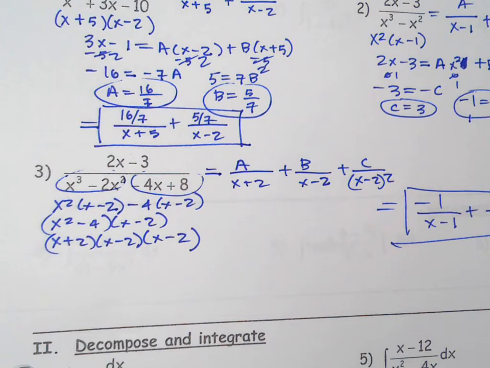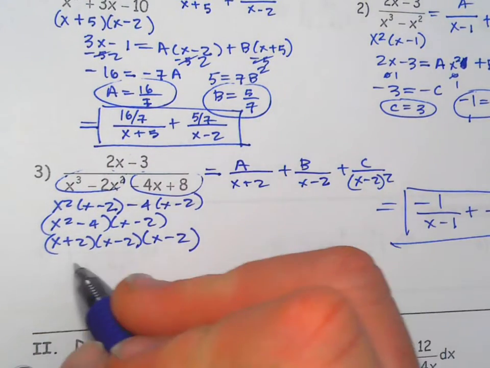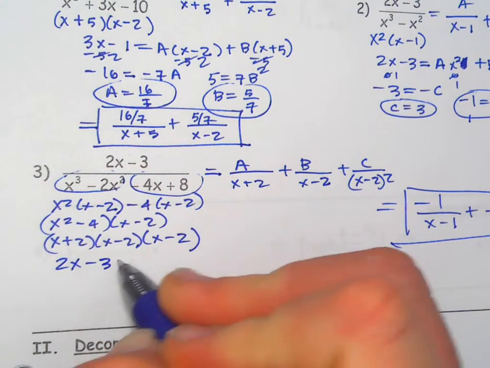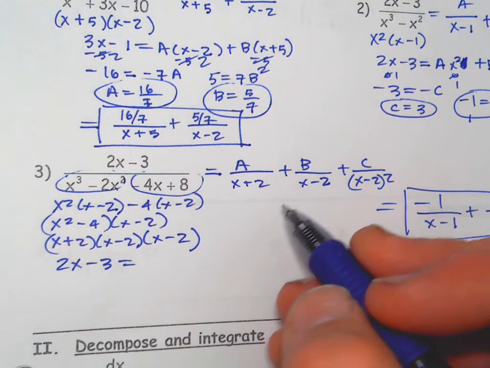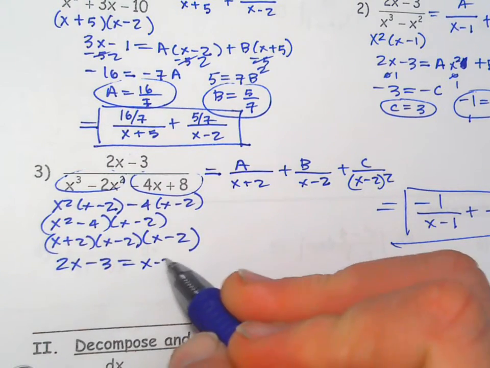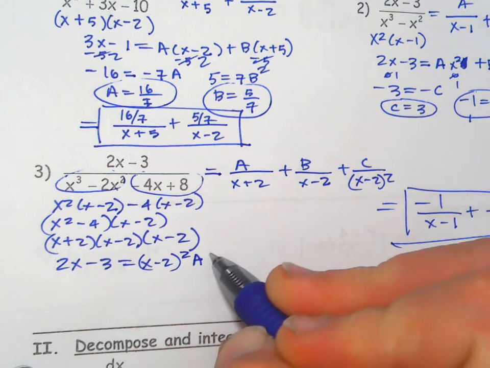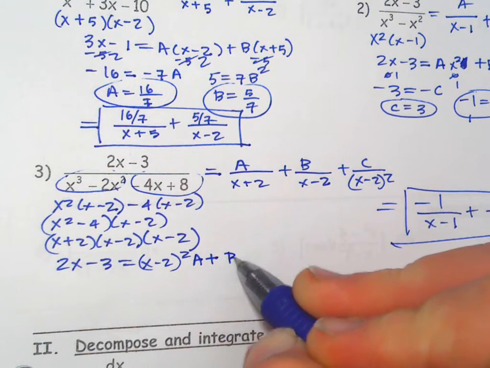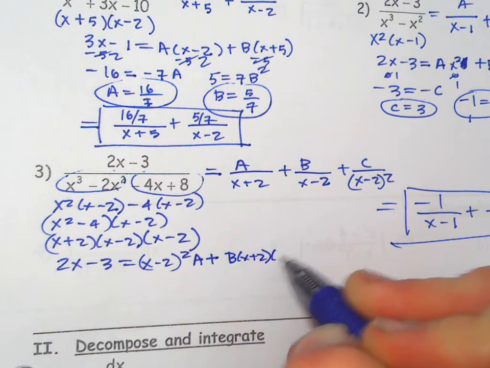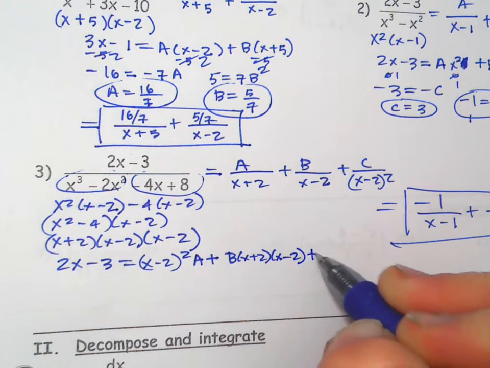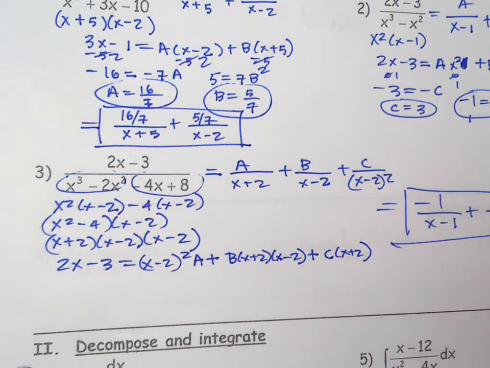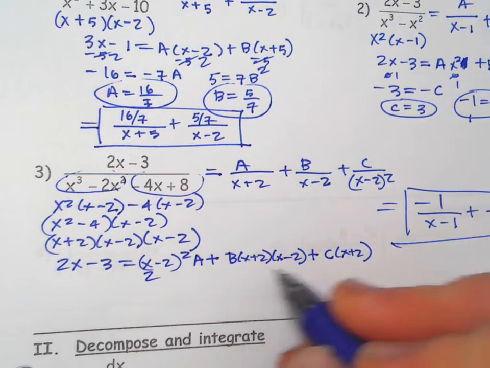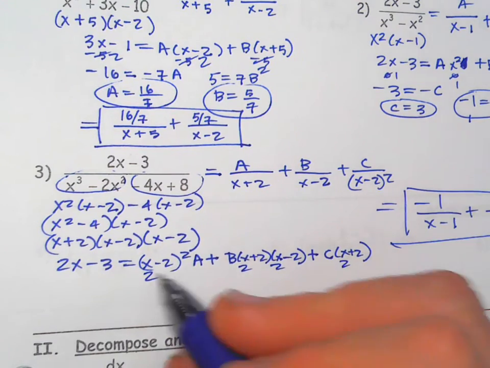All right. So we could multiply through by the least common denominator: 2x minus 3 equals, if we multiply through, (x minus 2) squared A plus B times (x plus 2)(x minus 2), plus C times (x plus 2). If we plug 2 in everywhere, those all drop out.